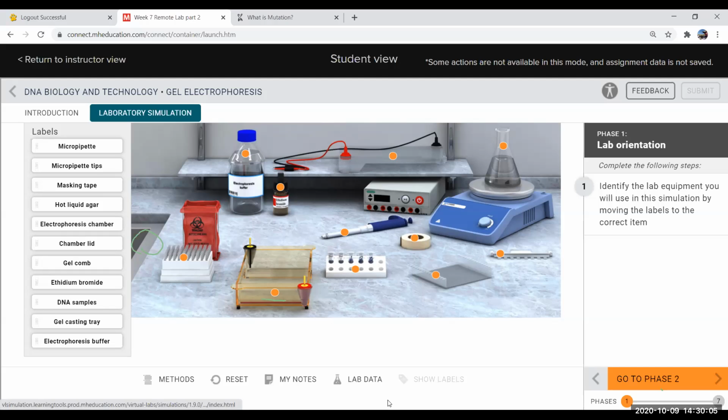To make your life a little bit easier, and since you may not know what all this stuff is, I went ahead and figured out the answers, and I put them here. If you want, you can pause this and fill all those pieces in so that you can move on with your lab.